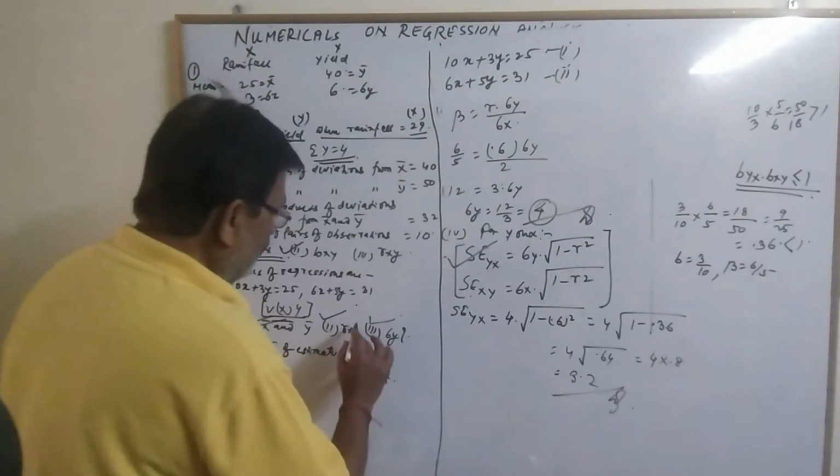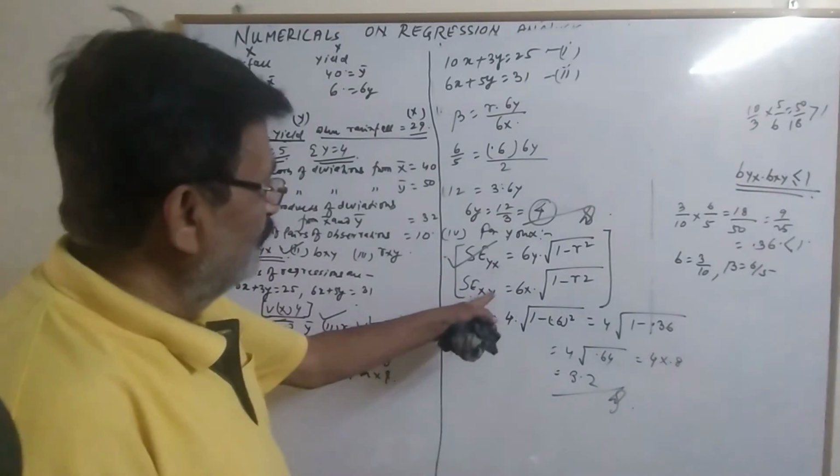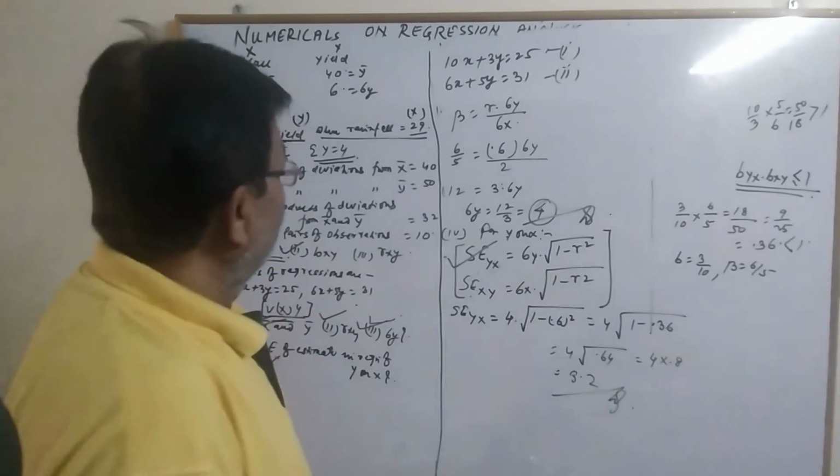So this is how we get the value of the standard error of estimate, either y on x or x on y. Had it been x on y, we would have gone this way.